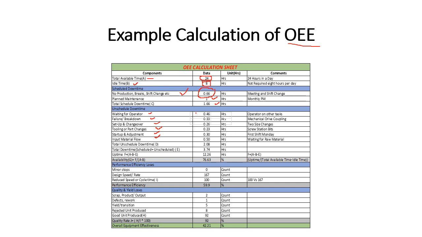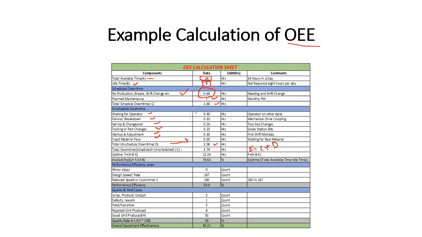So adding all these things, we get the total unscheduled downtime, and it is around 2.08 hours in this case. Now total downtime will be scheduled downtime plus unscheduled downtime. This E value, E is equal to C plus D.